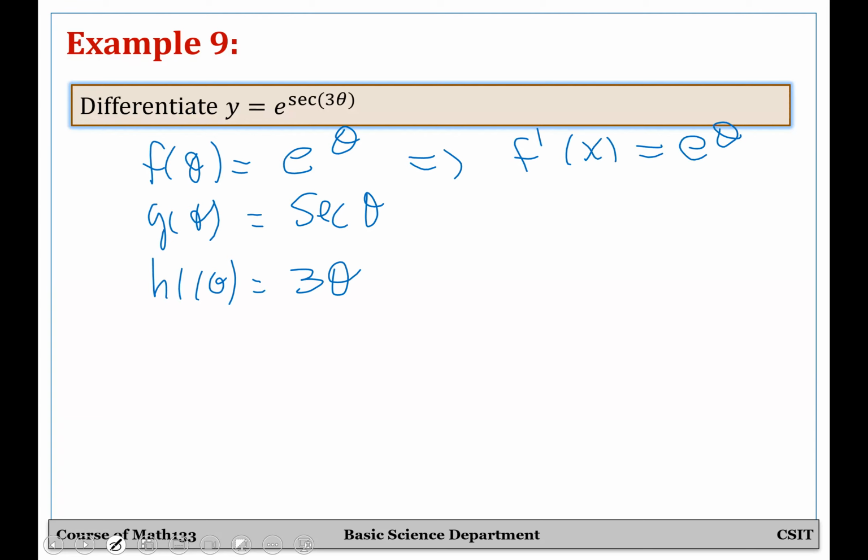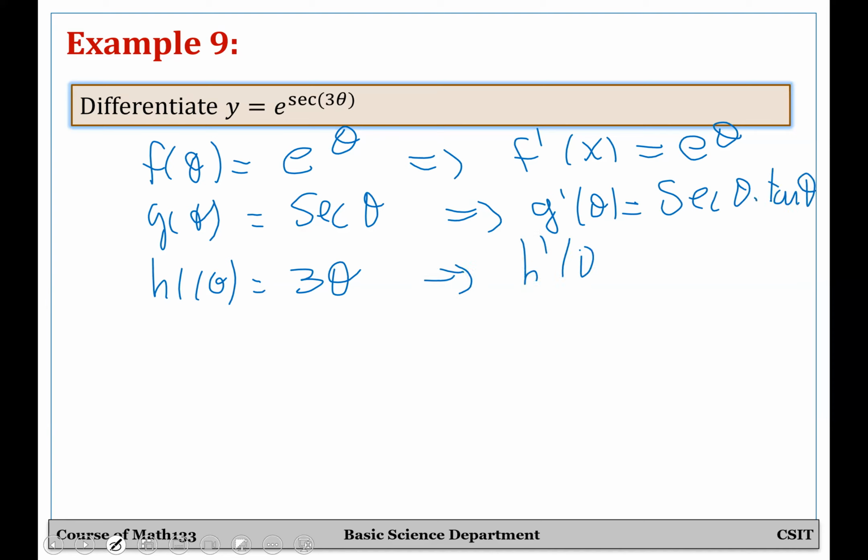This is the same: e to the theta, derivative of secant is secant multiplied by tan, and the last one, h prime of theta, is equal to 3.